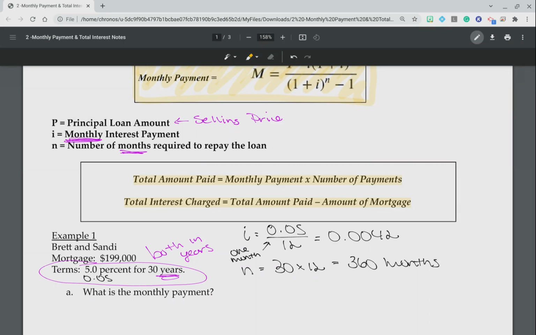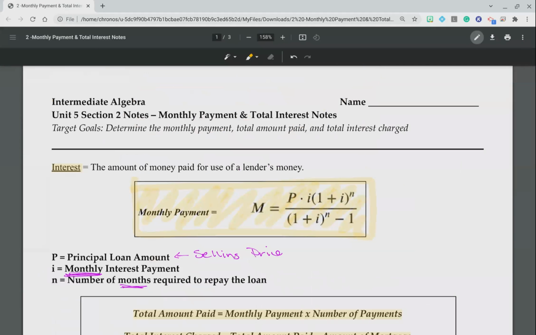Okay, so now that I have my I and I have my N, I'm going to use this formula up here to find my monthly payments.